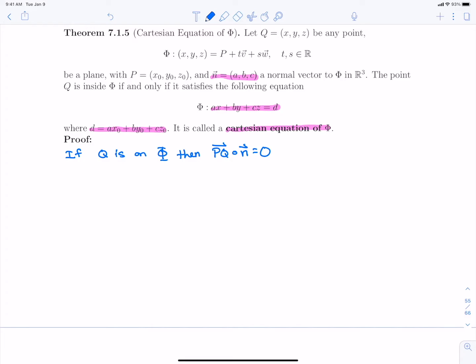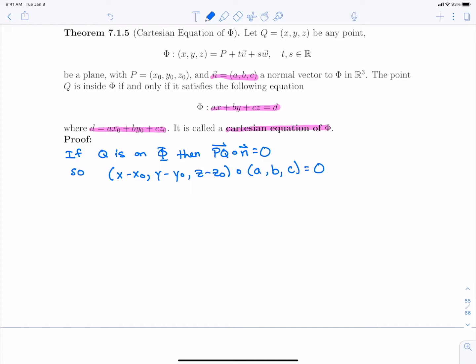So x minus x naught, y minus y naught, z minus z naught, dot a, b, c equals 0. That's what we're saying.